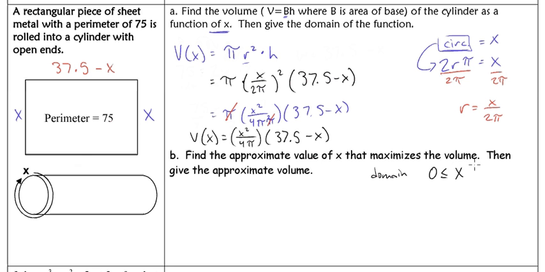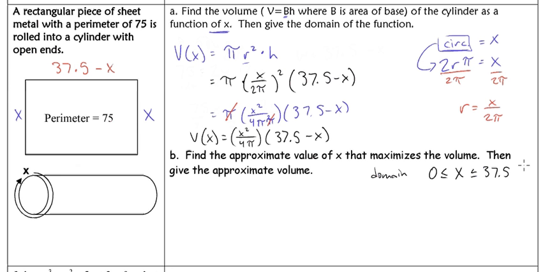And then x, as wide as I could make x, would be up to 37.5. And again, if I actually got to 37.5, I would end up with 0 volume again. So that doesn't make a ton of sense. Probably would be best to leave these just less than and less than. But go nuts. Enjoy the or equal to.